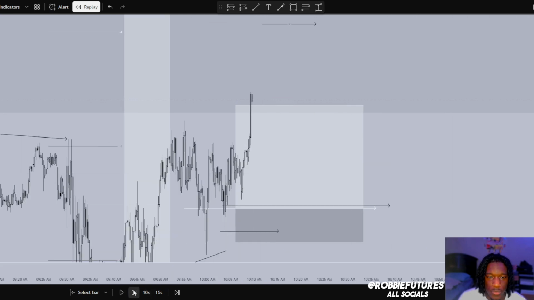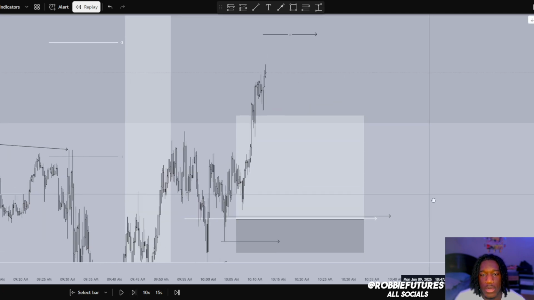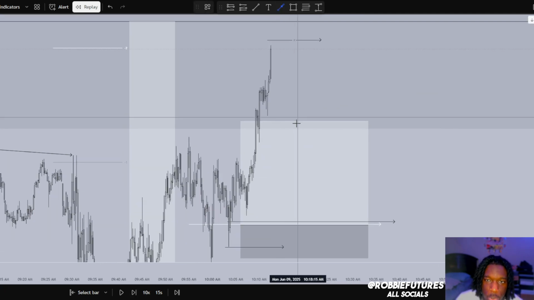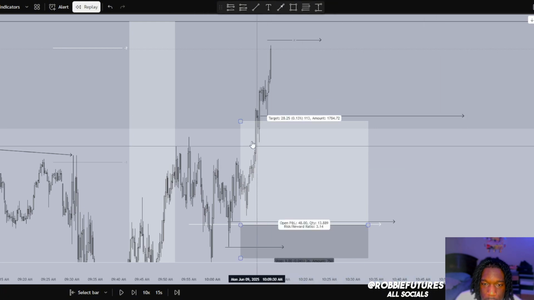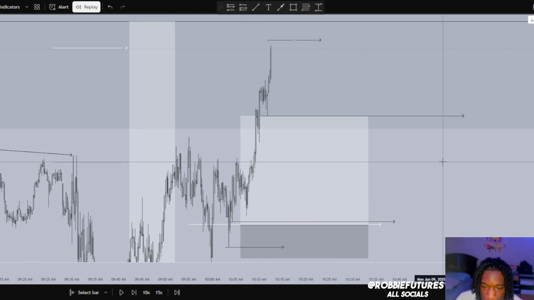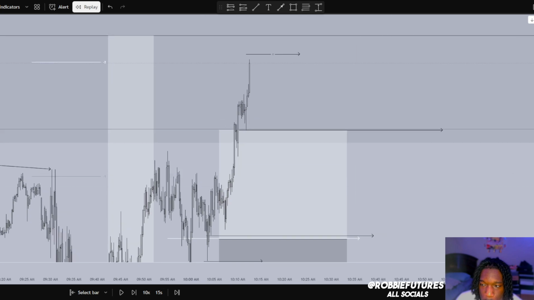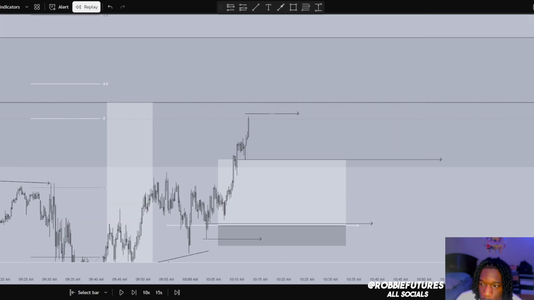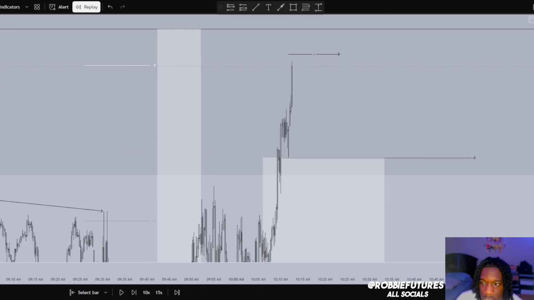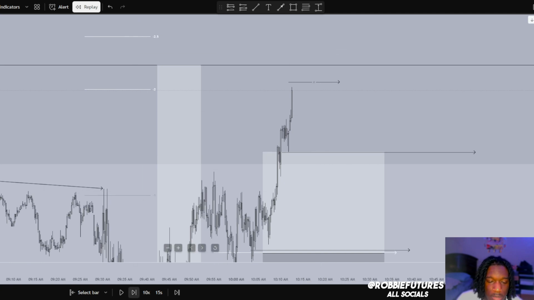So price keeps moving. Break down, and I trail my first stop up to here. So what do we have right now? We have 3.31 RR secured. After that, I'm going to keep trailing until it reaches my take profit. I get another trail in right here.